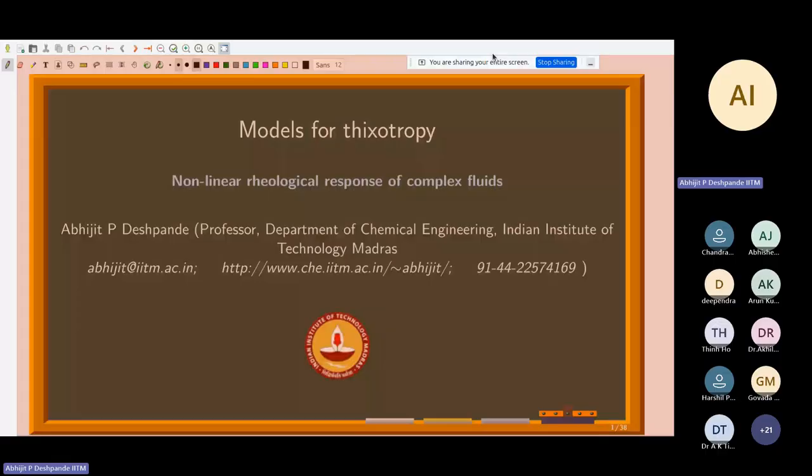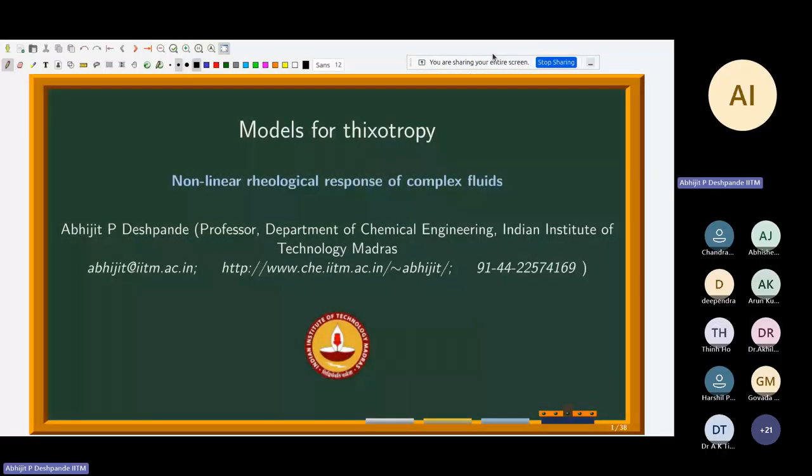Okay, so thank you for this opportunity for me to talk to you about modeling in the context of thixotropic materials. And broadly speaking, this is related to the overall idea of looking at rheological response.